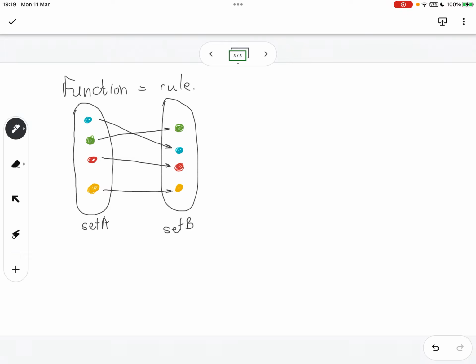Each element in set A maps only to one element in set B. And we call this a 1-to-1 mapping.